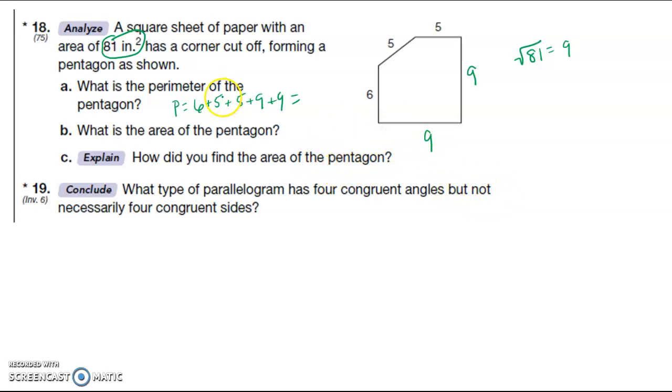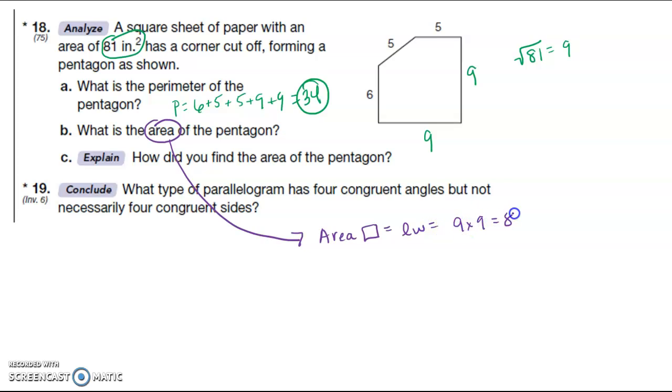Okay, where's my, lost it. So different color. What is the area of the pentagon? The way that I can do this is I can find the area of the square, where it's length times width, which is 9 times 9, and that's 81.